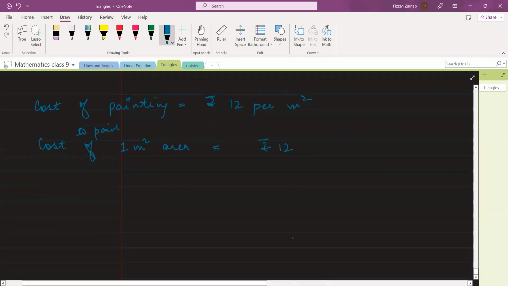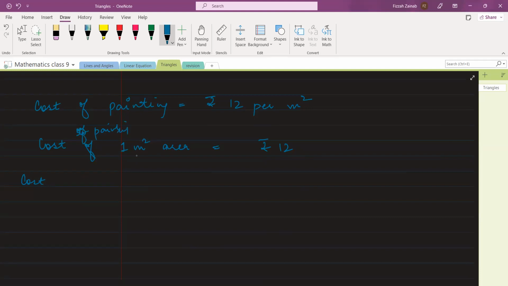Now, cost of painting 1 meter square area is rupees 12. Then cost of painting this much area which you got, 32.028 meters square, will be, now you will multiply, right?